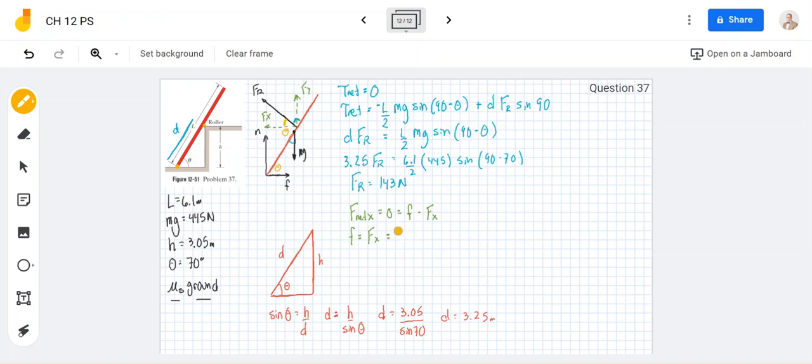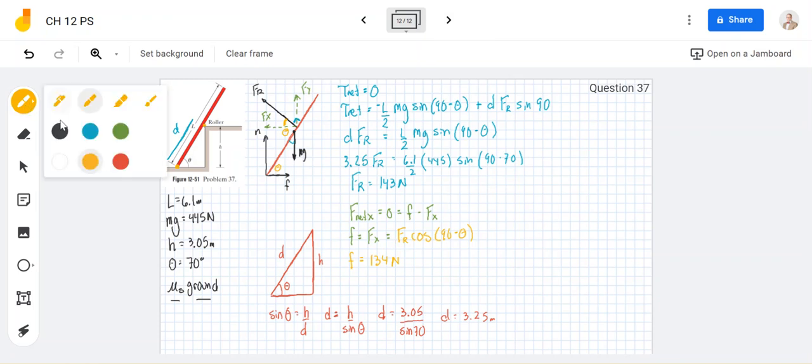So this is going to be equal to the roller force times the cosine of 90 minus theta. Let's calculate that real quick. Got 134 newtons for that one.